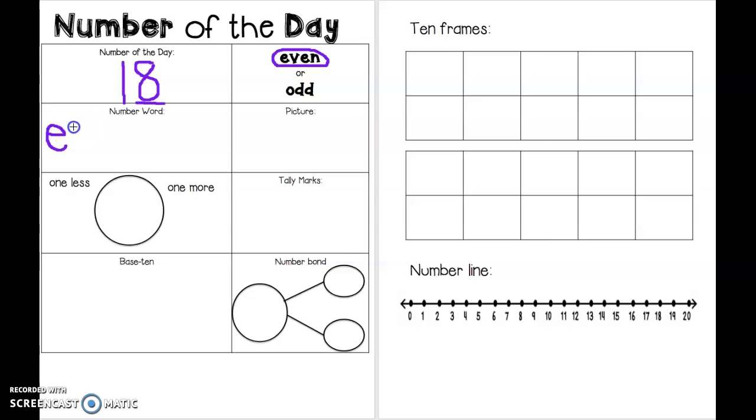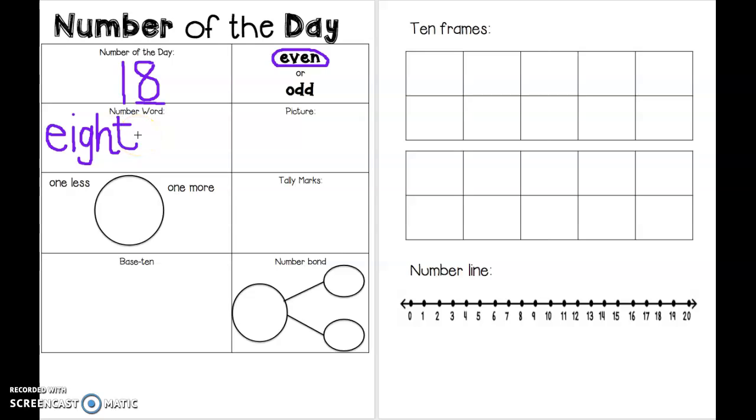So E, I, G, H, T. Now it ends with T, and we hear the word teen in there, don't we? 18.